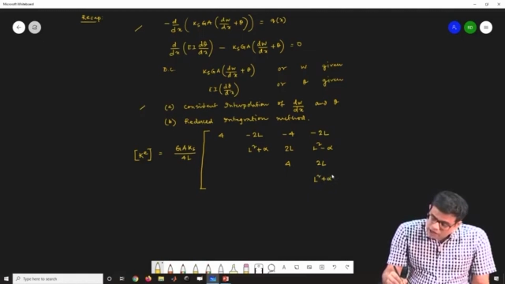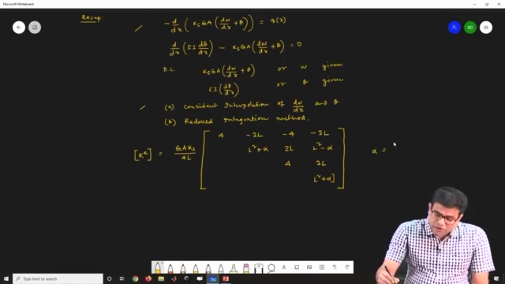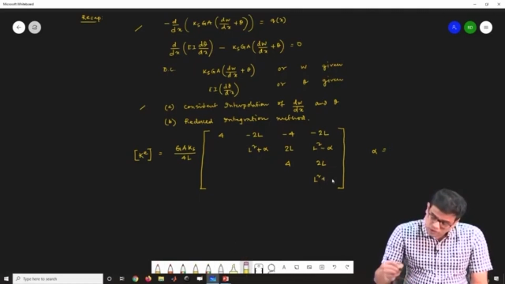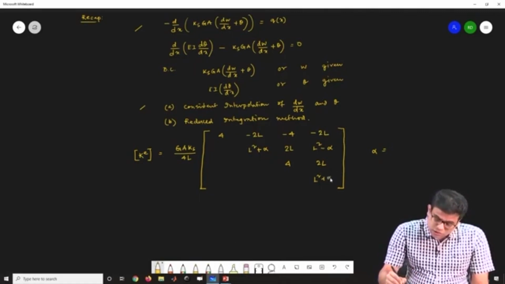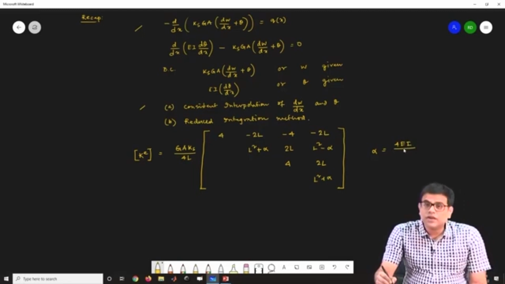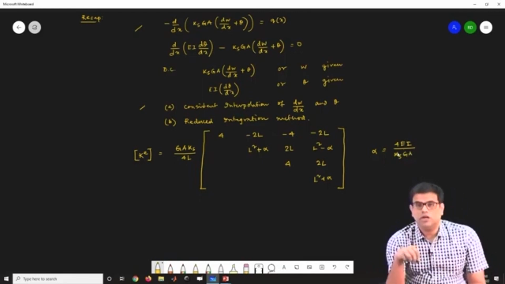Here alpha is something I redefined, which is 4 EI by kappa S GA. Earlier I was defining EI by kappa S GA, now I just added 4 so that the form looks a little simpler to handle.